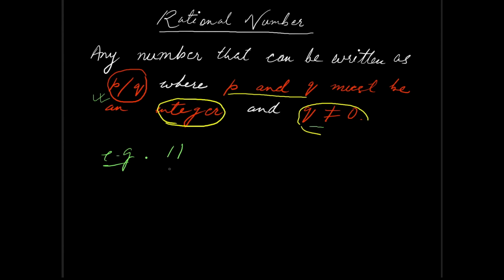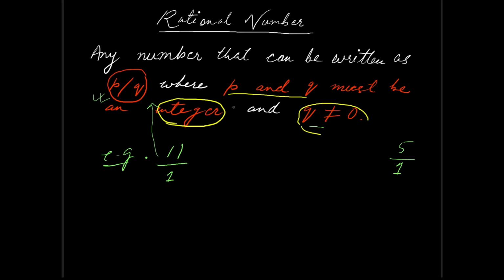As we all know, every number has 1 beneath it. Every number is in the form of a by 1. If you write any number like 5, there is a 1 which is hidden. So we can say that 11 is 11 by 1. So it is obviously in the form of p by q, no doubt.